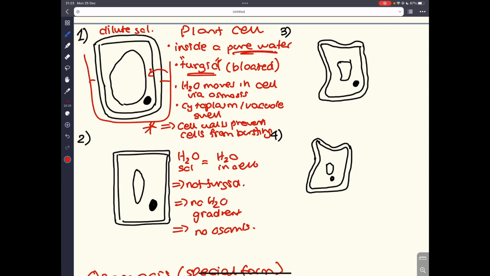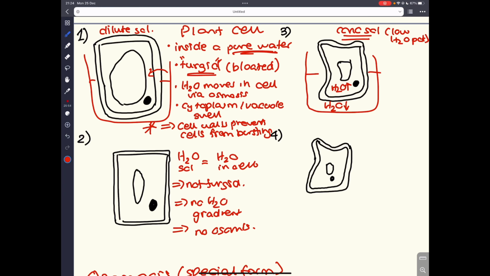Now the third picture here shows a plant cell that is placed inside a concentrated solution. A concentrated solution, remember, means there is lower water potential. If you put the cell inside a lower water potential, the cell is obviously going to have a higher water potential than the outside.